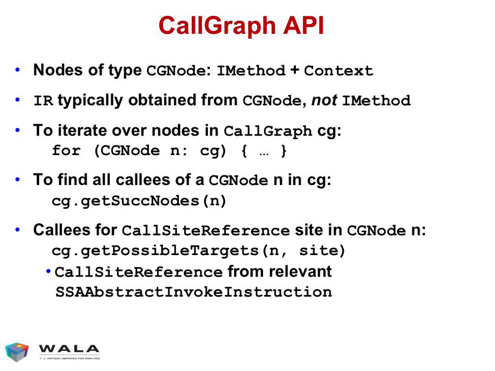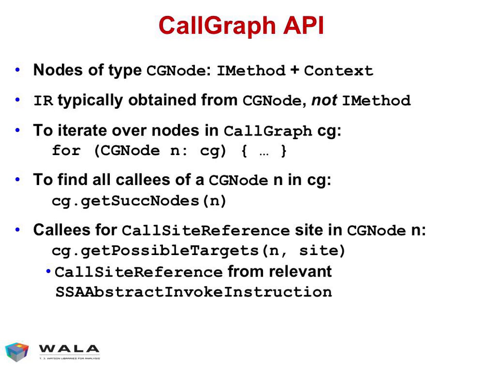So just to briefly cover some of the API, CallGraph implements the Iterable interface, so you can loop over all the nodes in a call graph with one of these Java for loops. If you want to find all the callees of a node, you can call getSuccNodes. It's part of the standard graph interface in WALA.